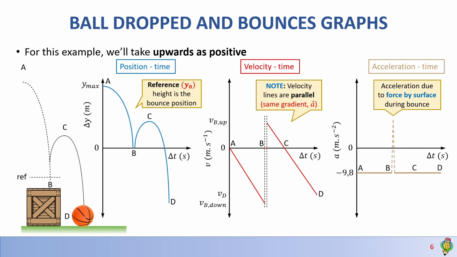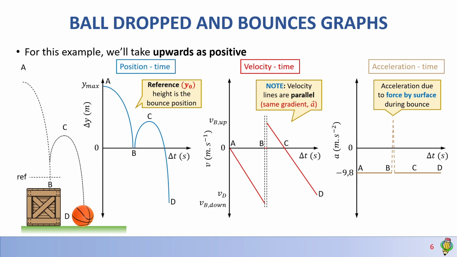That is why we see a discontinuity at position B. Now, at the instant when the ball bounces off the surface, it is going to leave at a certain velocity, which we will denote as VB up, because the ball is still at the same B position. Remember, we took upwards as positive, so VB up will be a positive number.